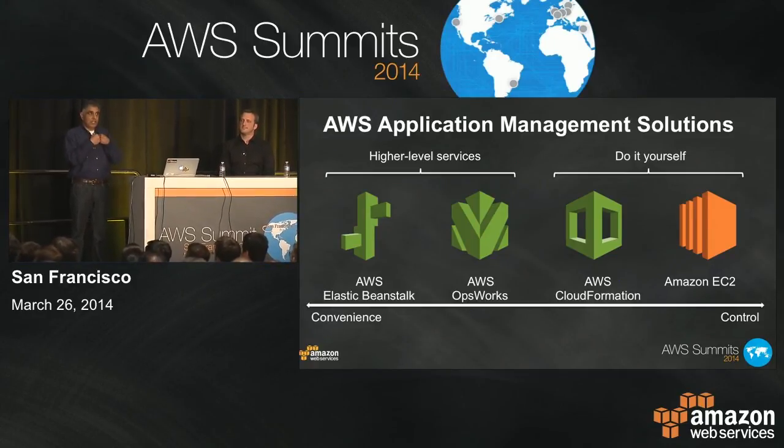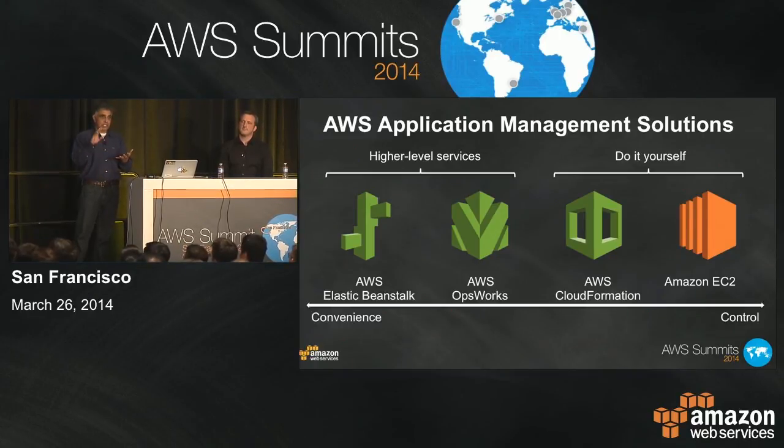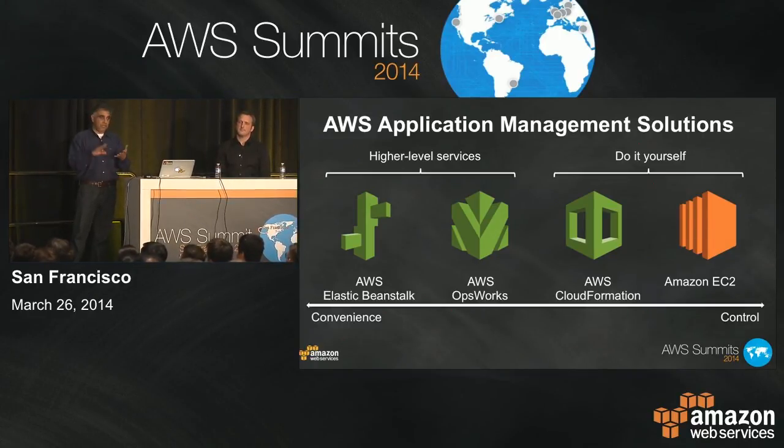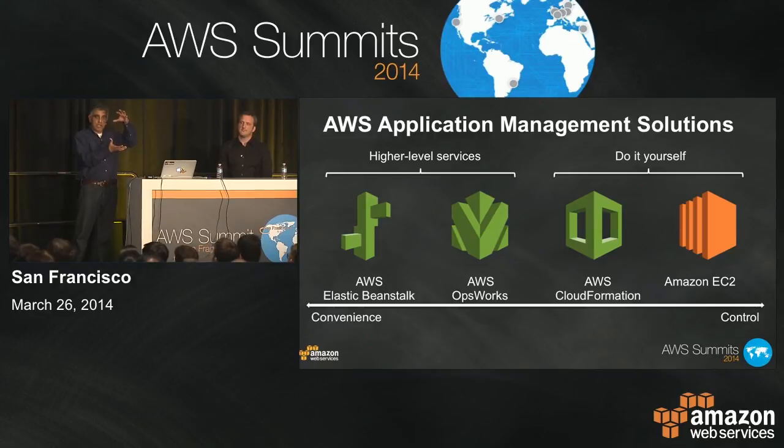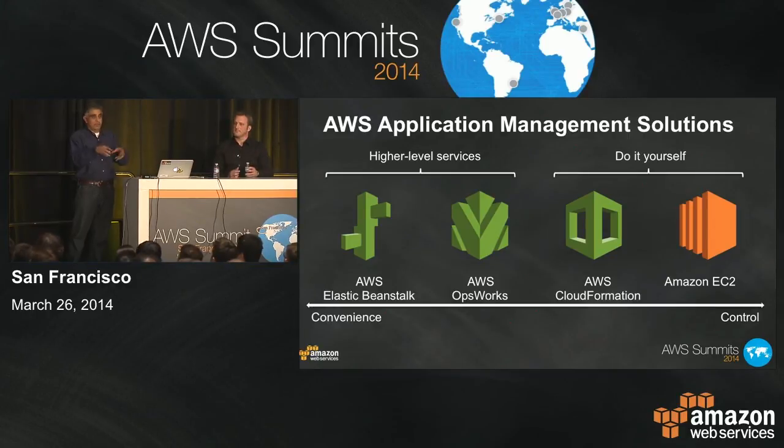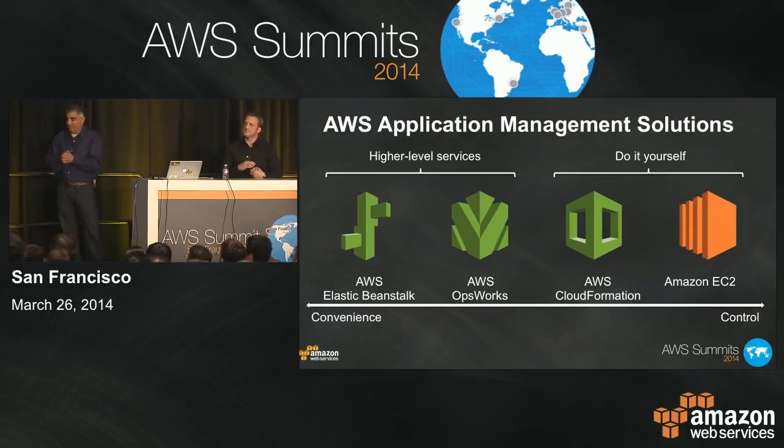And Beanstalk, under the covers, will go ahead and spin up the EC2 instance, set up the auto-scaling groups, ELB, databases, whatever else you want, right? So it's a very convenient, abstract concept, a lot of convenience, but not the control if you want to go muck around in the layers, if you will.